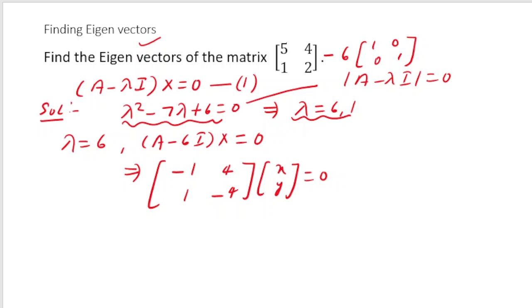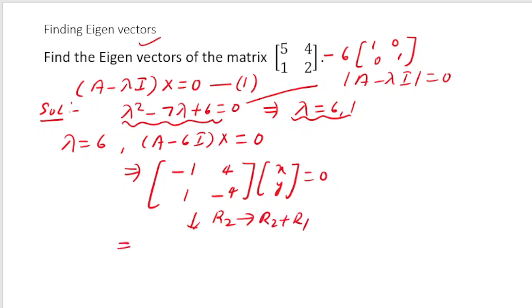Yes, so now this is a homogeneous system of equations, and we know how to solve the homogeneous system of equations. To solve it, we have to reduce the homogeneous system into echelon form. So to reduce it into echelon form, we need to perform an elementary operation like R2 goes to R2 plus R1.